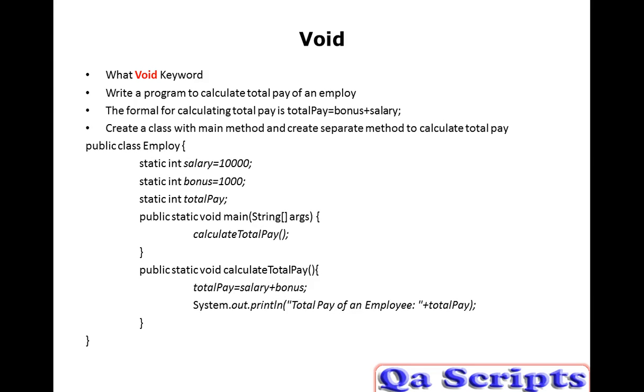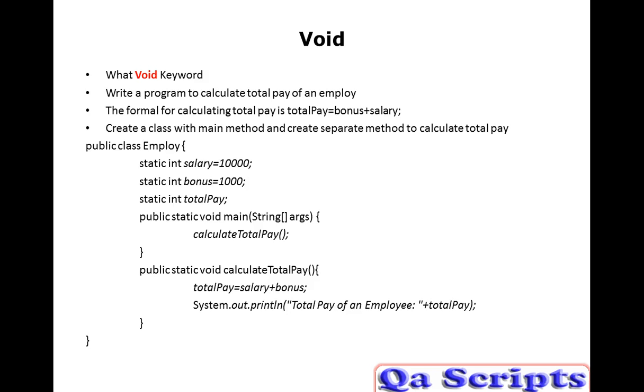Here is the simple class where we have two variables, that is int salary, to which I have assigned the value 10,000, and I have created one more int variable, bonus equals 1000, and there is one more variable of data type int, int total pay.